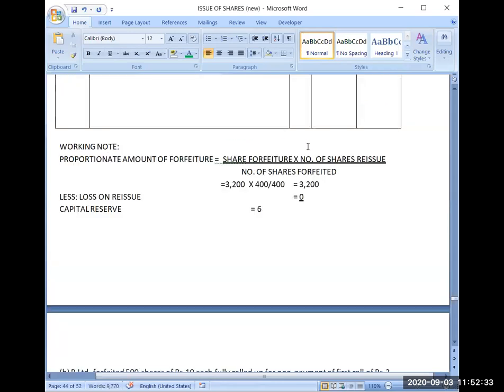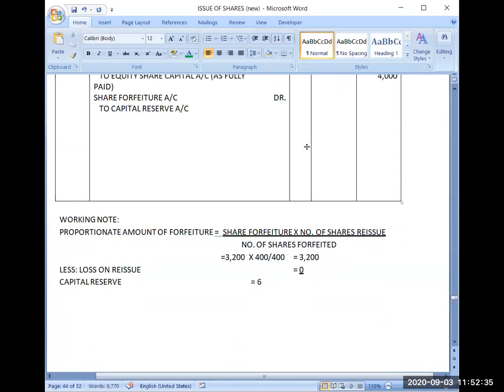Now loss on reissue is how much? 0. That's why your capital reserve will be how much? 3,200.